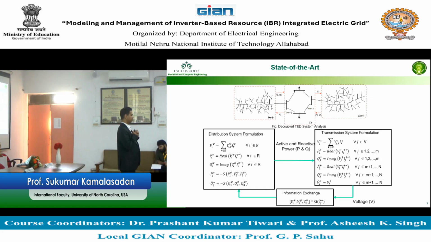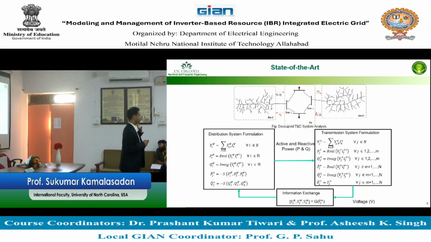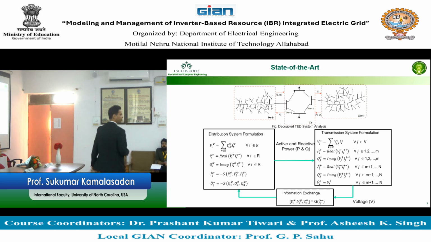This is how you run, and you stop when this power that you send out and the voltage that you calculated between two iterations are small, they are useful. This is called decoupled power co-simulation, or integrated transmission and distribution. Good. So you can solve this.